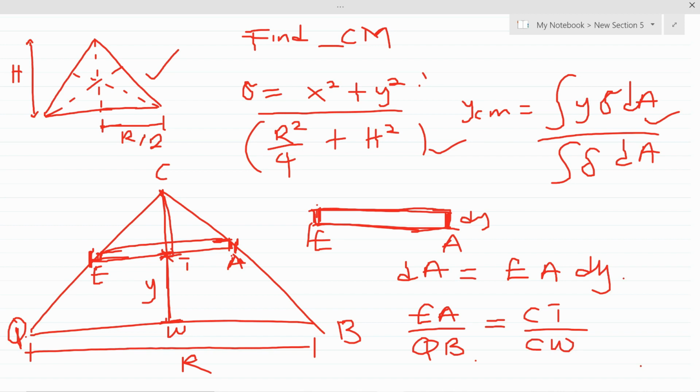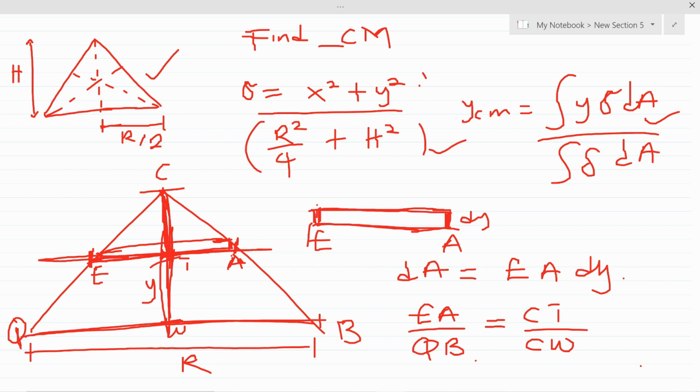It's like the shorter one over the longer one. So in this triangle lamina, this side, we've calibrated it into EA, which is shorter than the QB. This over that should give me C to T, from this side to this side, T, over the same length C to W, which is the longer height.